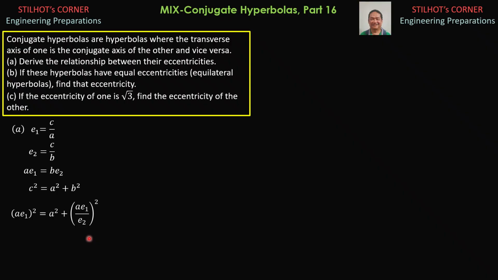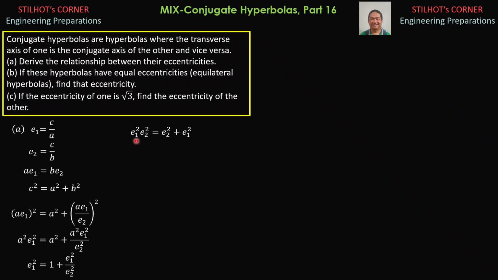Expanding, so A square E1 square equals A square plus A square E sub 1 square over E sub 2 square. We then cancel A square, which is common to all terms of this equation, so that E1 square equals 1 plus E sub 1 square over E sub 2 square. We then cross multiply everything by E sub 2 square, then we'll have E sub 1 square times E sub 2 square equals E sub 2 square plus E sub 1 square.